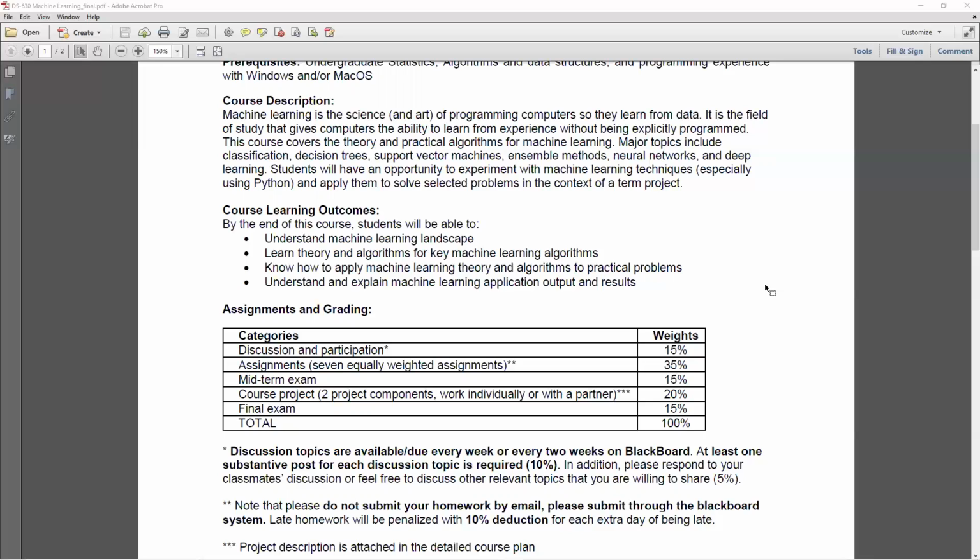Number two, learn theory and algorithms for key machine learning algorithms, such as what we just discussed: classification, decision trees, random forest, neural networks, etc. Number three, know how to apply machine learning theory and algorithms to practical problems. You have to apply your understanding of the theory and algorithms to real business problems. Number four, understand and explain machine learning application output and results.